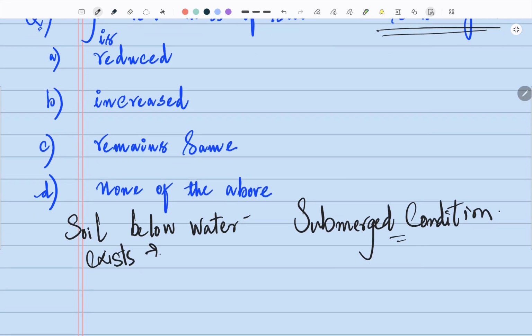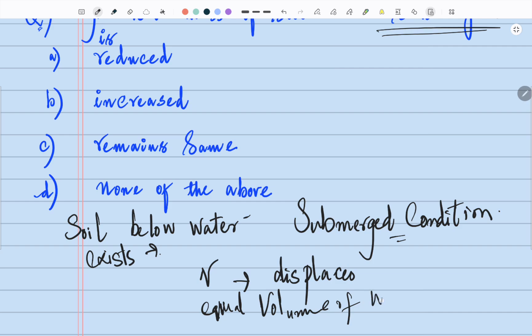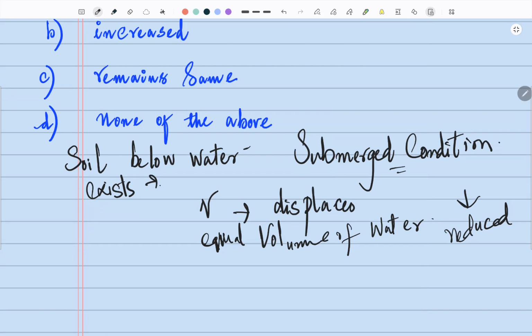And when the volume V, let's suppose, of the soil is submerged in water, it displaces an equal volume of water. So definitely the net mass of the soil when submerged will be reduced, because when the soil exists below water, it is in submerged condition.